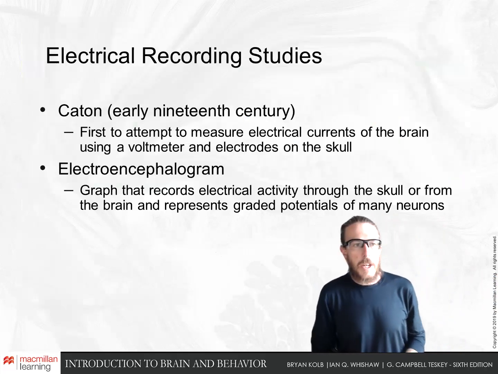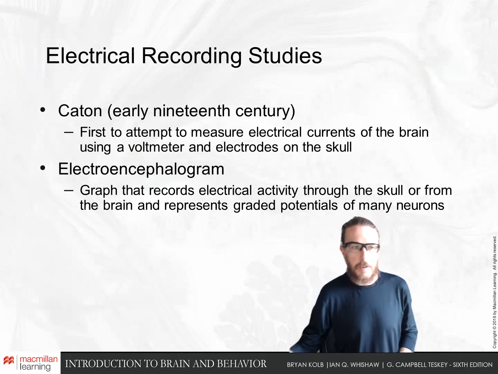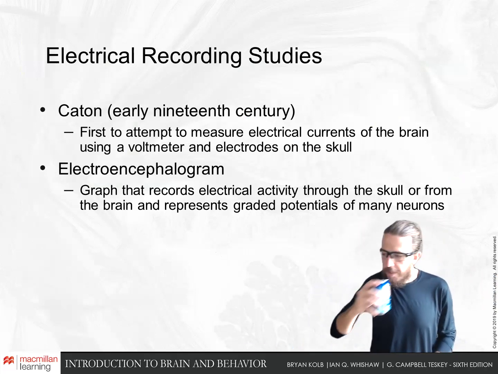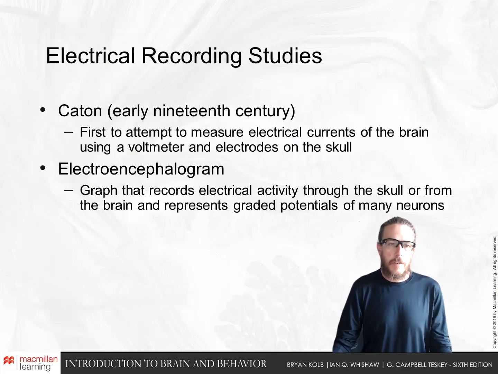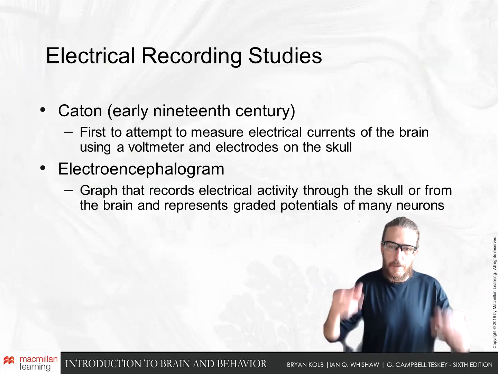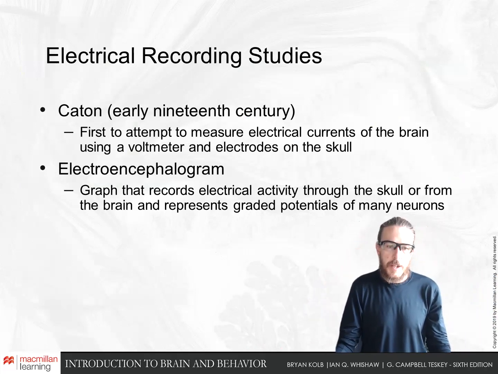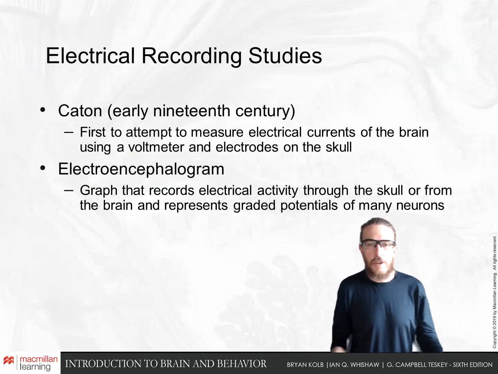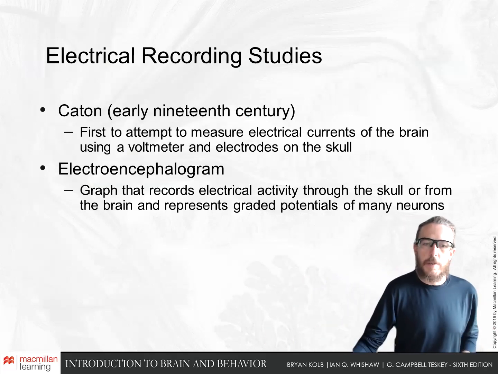So Caton in the early 19th century was trying to measure the currents of the brain in this way using a voltmeter and electrodes attached to the skull, which was therefore one of the first examples of the electroencephalogram, or EEG. So this is the voltage over time between two locations on the scalp. And these represent, as we'll see, these things called graded potentials of many, many neurons all together. Graded potentials are the input to a neuron.